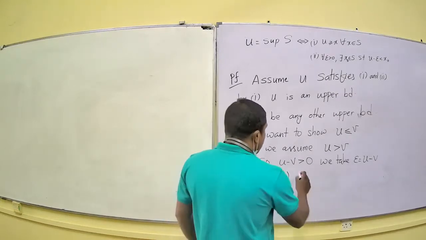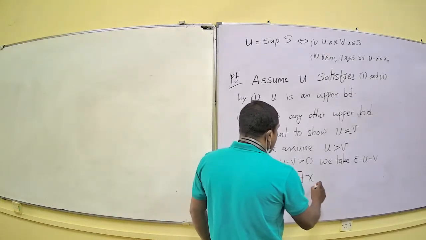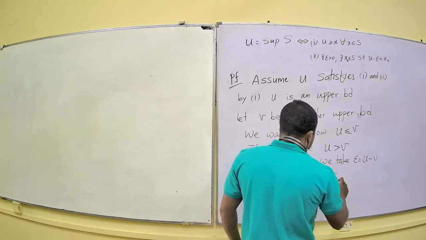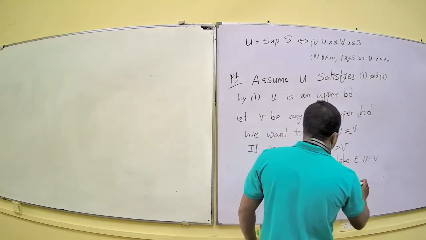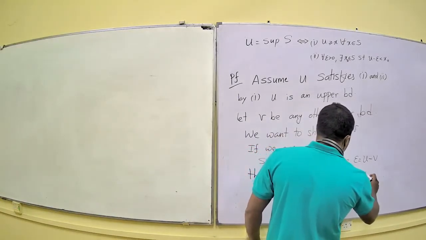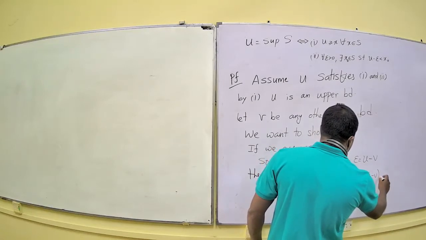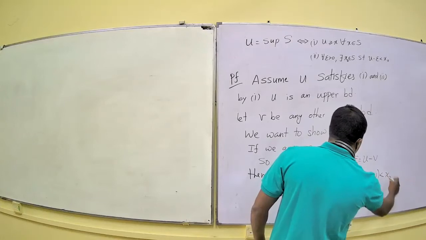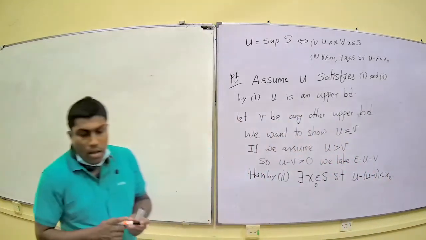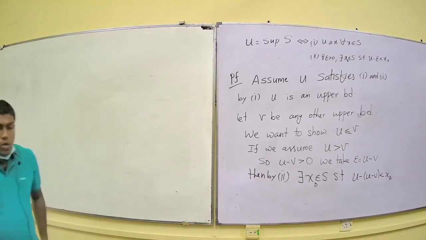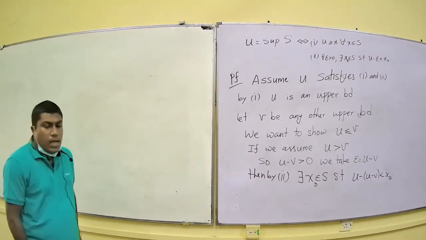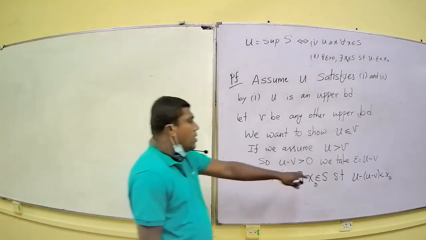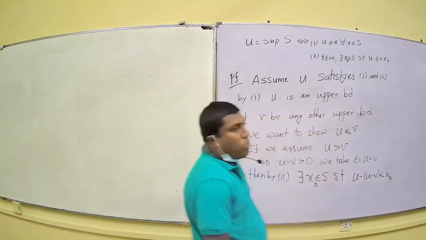So what 2 says is there exists x naught belonging to S such that u minus epsilon, that is u minus (u minus v), is less than x naught. So in statement 2, you substitute u minus v for epsilon.